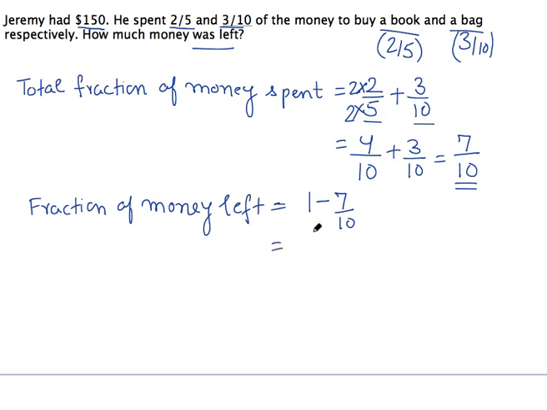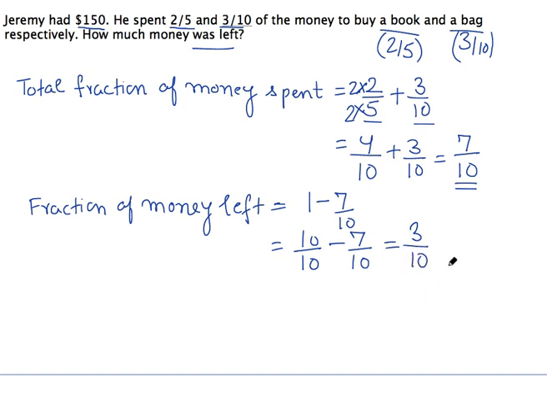So 1 whole we can write as what? 10 by 10. Why 10 by 10? Because same as for addition, for subtraction also the denominators of the two fractions have to be the same, right? So 1 we can represent as 10 by 10. So 10 by 10 minus 7 by 10 will give you 3 by 10.